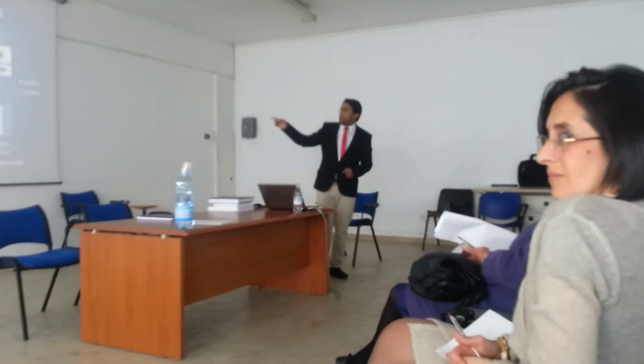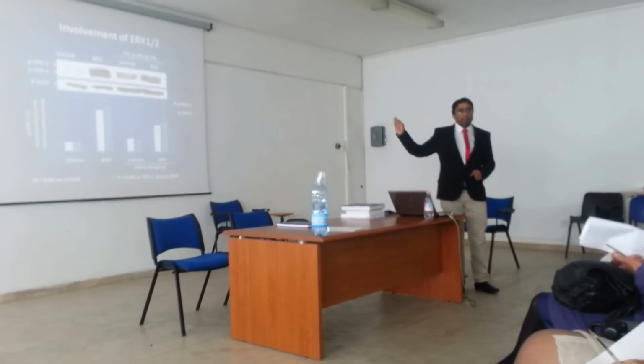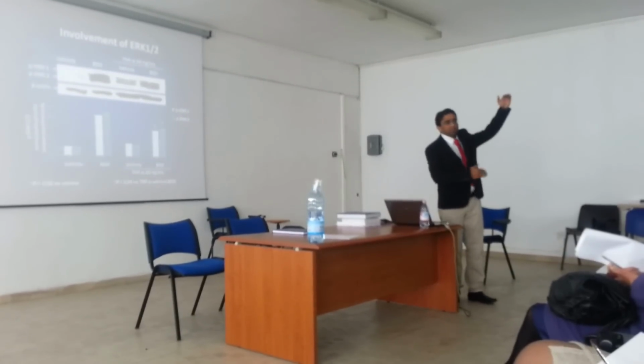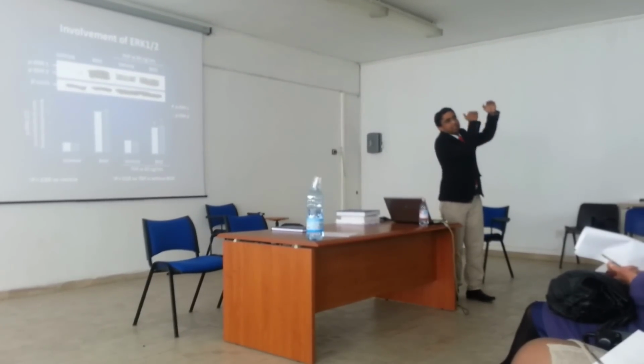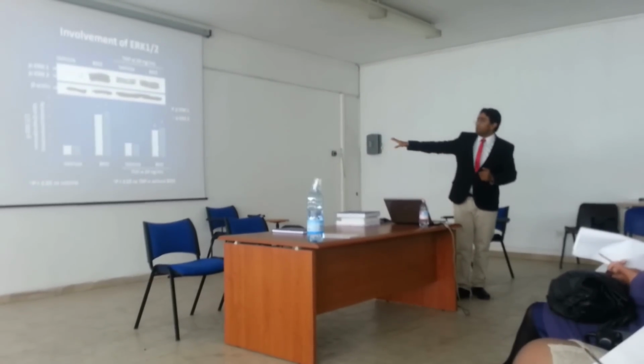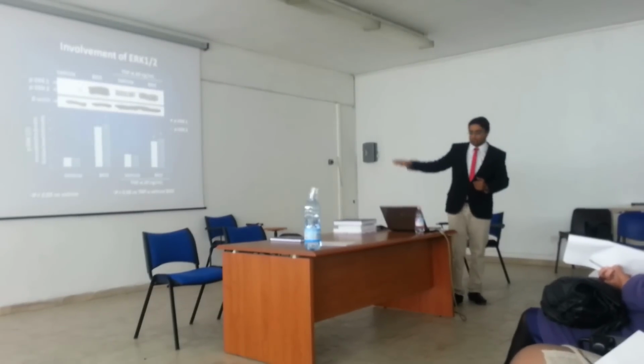We found that BSO was able to activate these kinases, and we can correlate this kinase activation with NRF2 activation and then the cytoprotective genes. BSO did, but TNF-alpha did not, and BSO with TNF-alpha is activated.